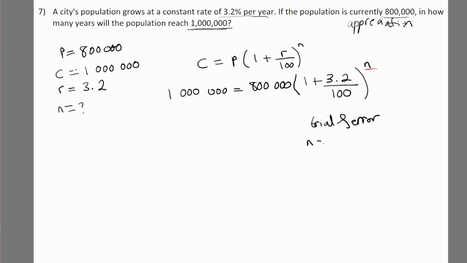So let's say I firstly try n is equal to 1. I will plug into my calculator 800,000 multiplied by 1 plus 3.2 over 100 to the power of 1, and we get that the number of people will be 825,600.